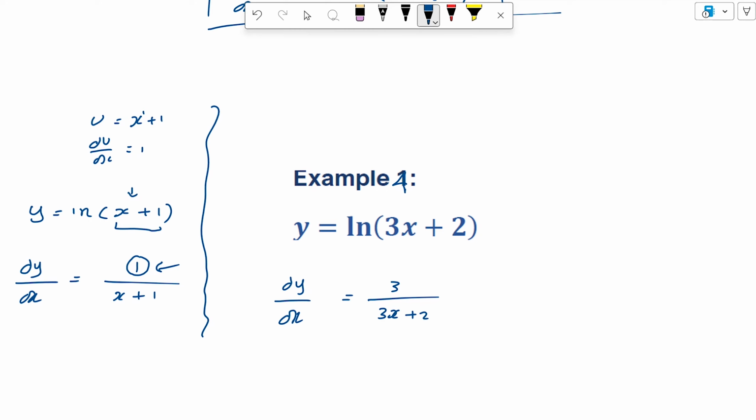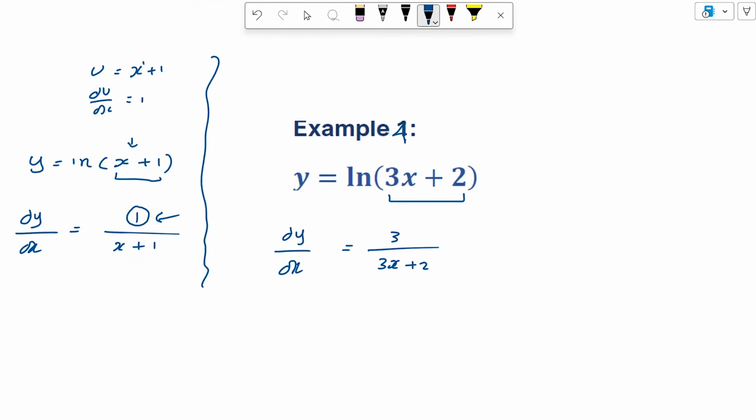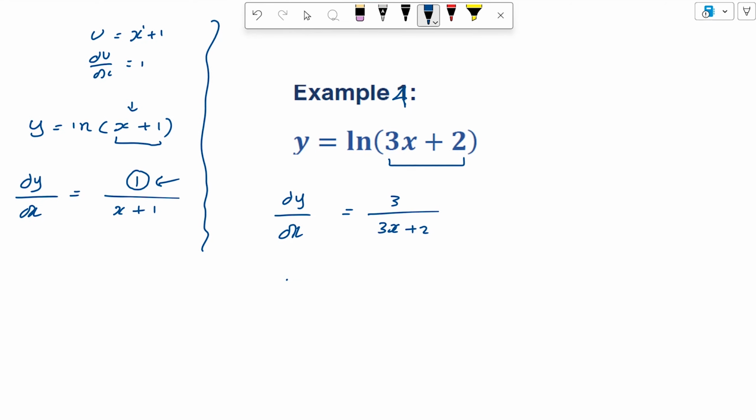Again, because we differentiate what's inside the bracket, and then that gets multiplied to the outer differentiation. So let me just do another example. y is equal to ln(2x squared plus 2).